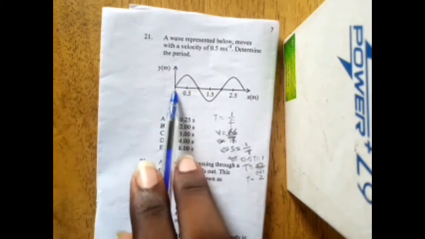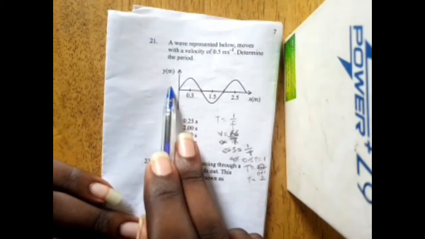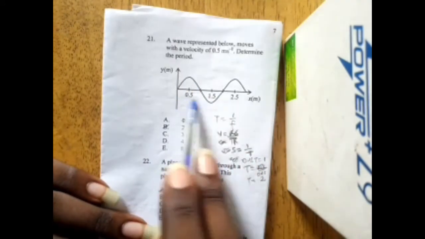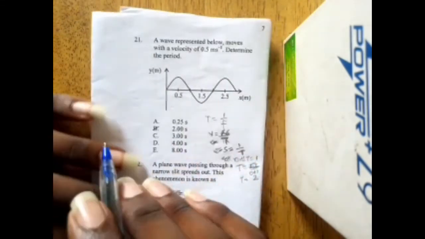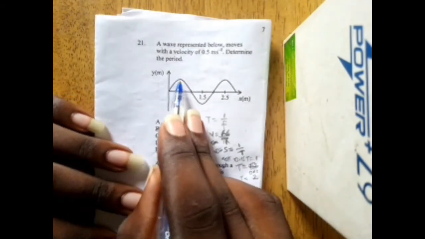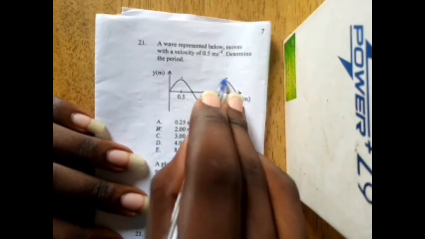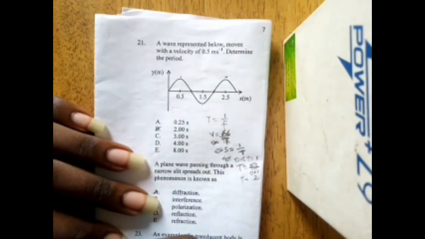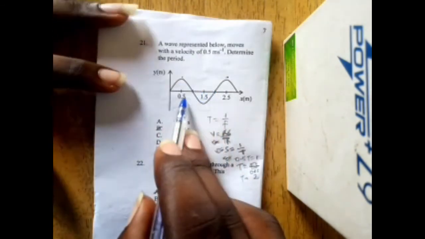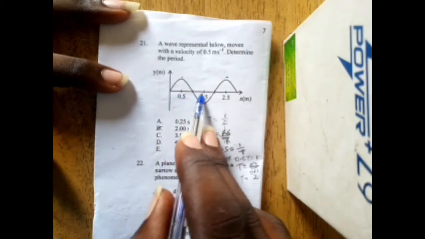Now to study this diagram, you can see from here that this is the y-axis, x-axis, and these distances are the wavelengths. Now to find the wavelength, recall that the wavelength is the distance between two crests or two troughs. Using crests now, each distance here is 0.5, another 0.5, another 0.5.